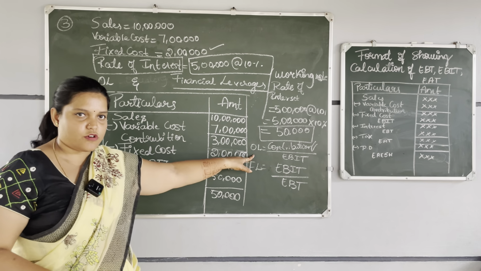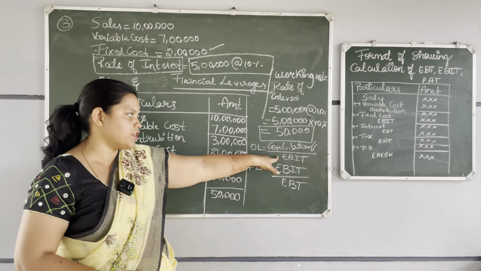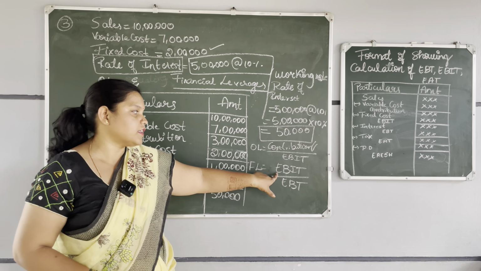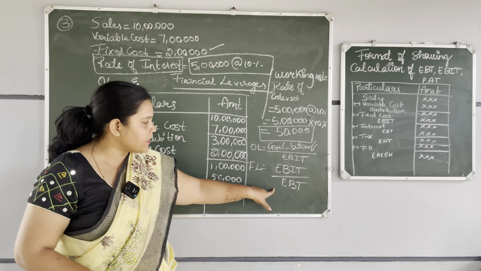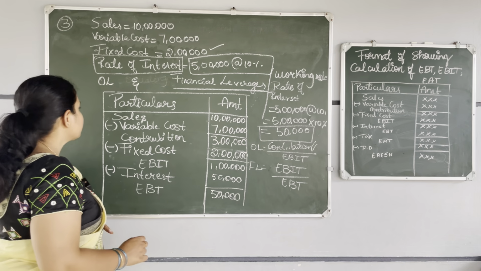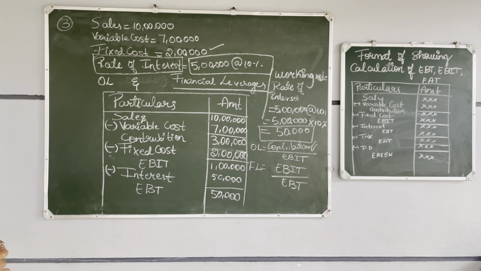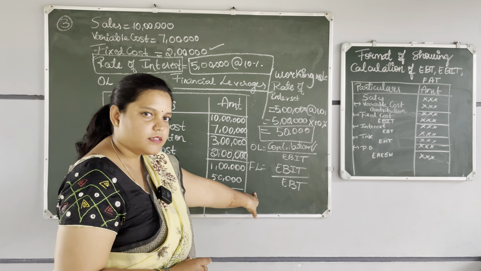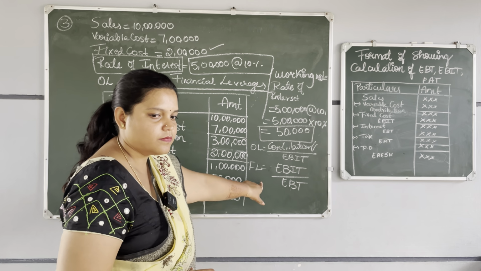So the formula for operating leverages is contribution divided by EBIT, and for financial leverages is EBIT divided by EBT. I think you can make a note of this. We will go through this now.